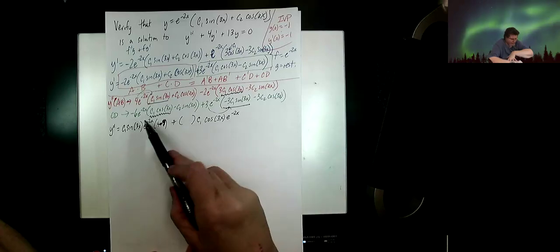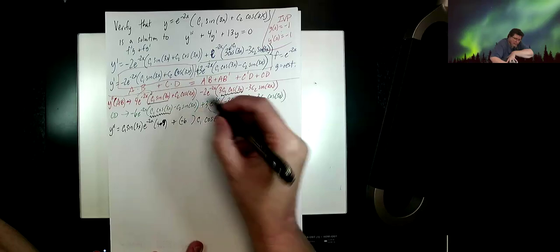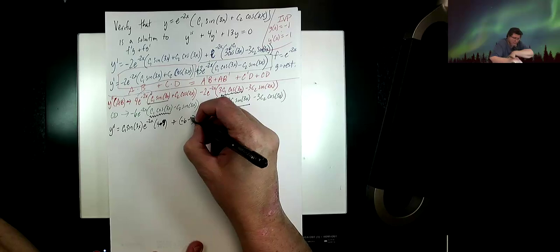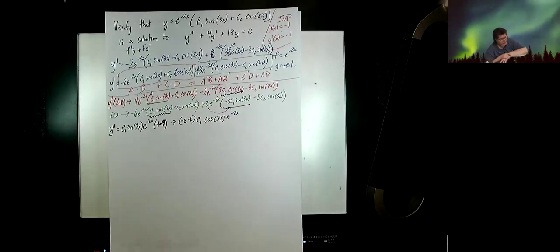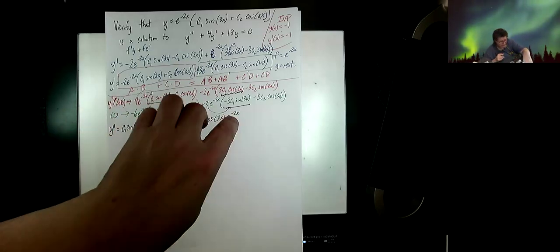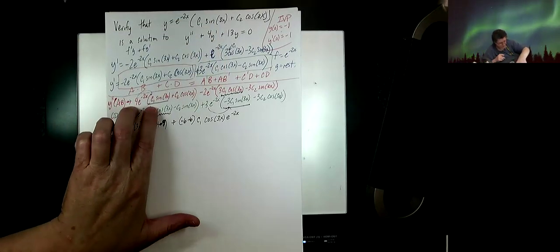And my coefficient on that is negative 6, and then it looks like minus 6, another minus 6. Negative 6C1 and negative 6C1, okay, and then 4C1 and negative 9C1.